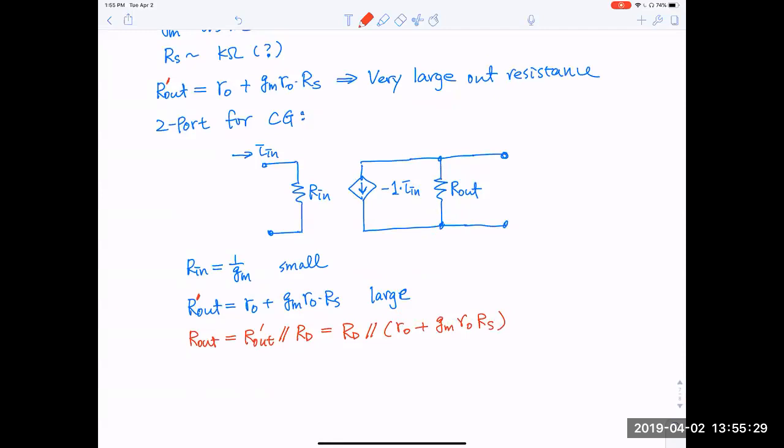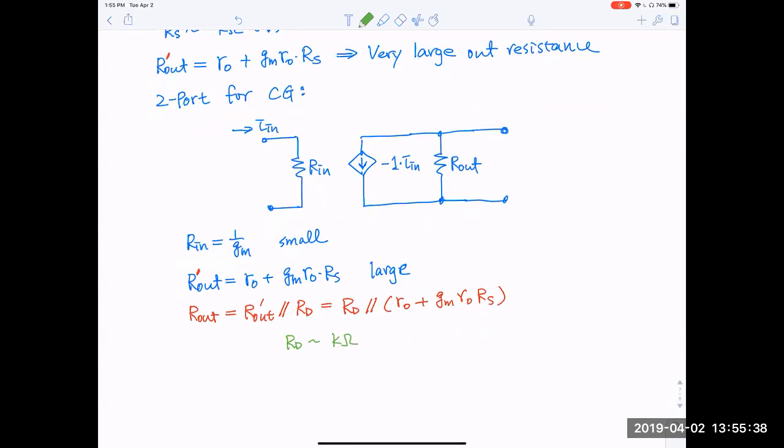And if we continue our argument for the typical values, we say, well, RD is usually on the order of a few kilo ohm. So it is already much smaller than R0. So a likely outcome of this is R out is now approximately equal to RD.